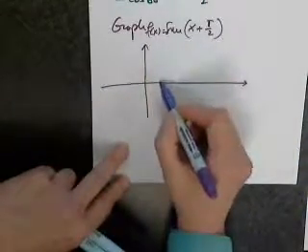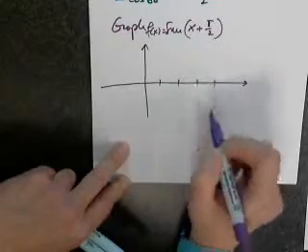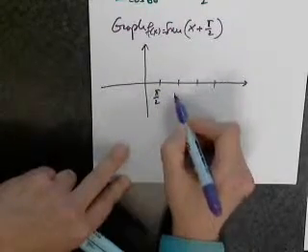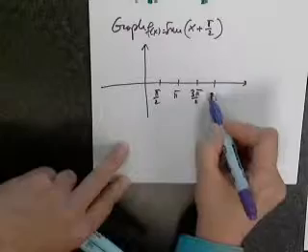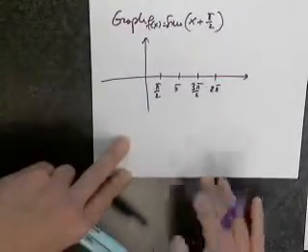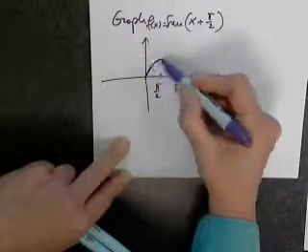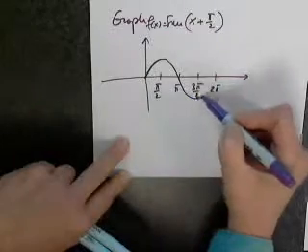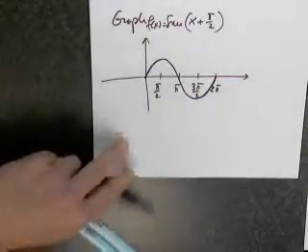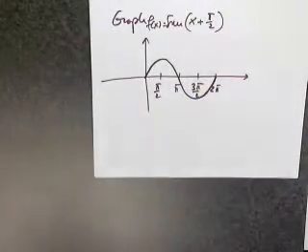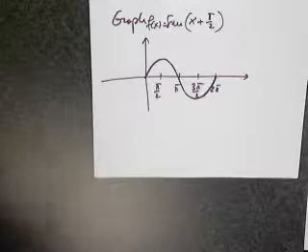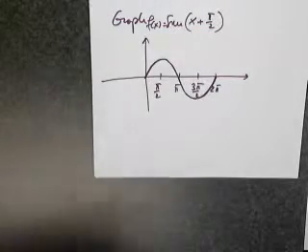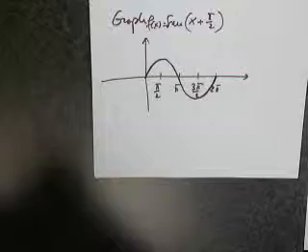I know how to graph sine. Pi over 2, pi, 3 pi over 2, and 2 pi. And I know that this is the graph. That's all I'm asking you to do. And then use a transformation and tell me, where does this graph go? That's all I care about.